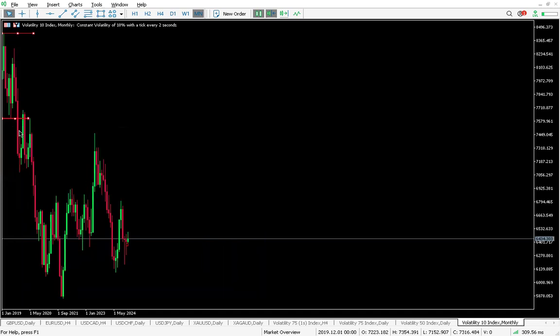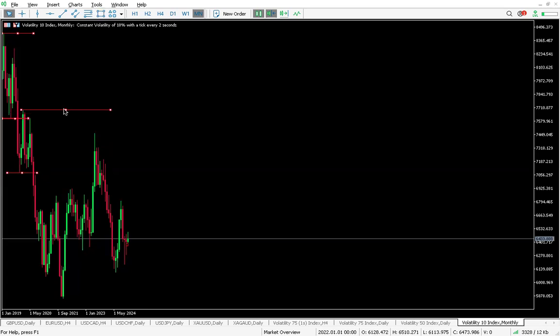But this has given us a bias of a bearish move. Now we have a pullback, which can also be called a retracement, and the break of this low as well. So we have another break of structure, giving us that the market is still in a bearish move. Then this is going to be protected.